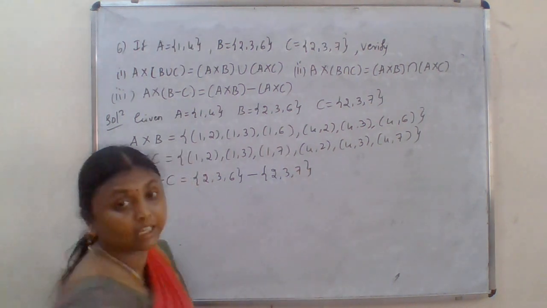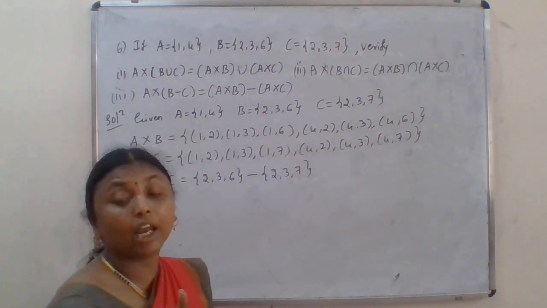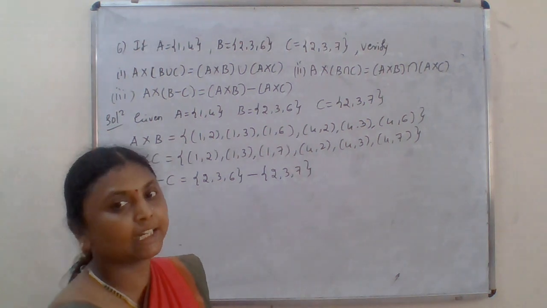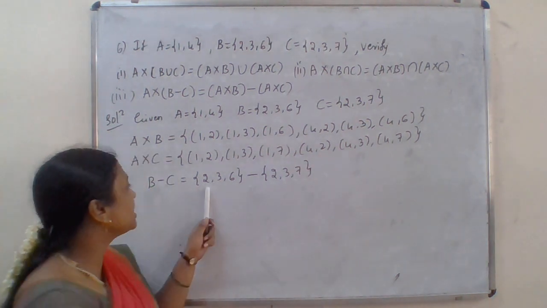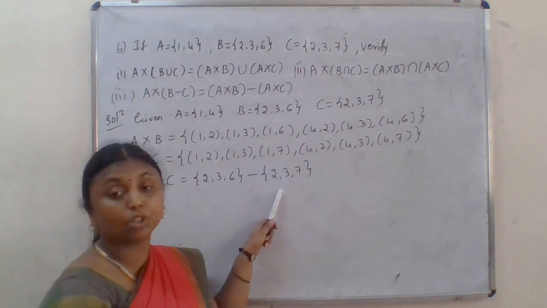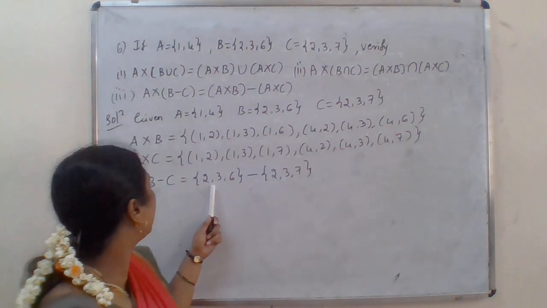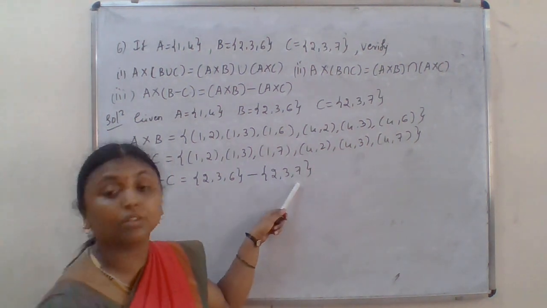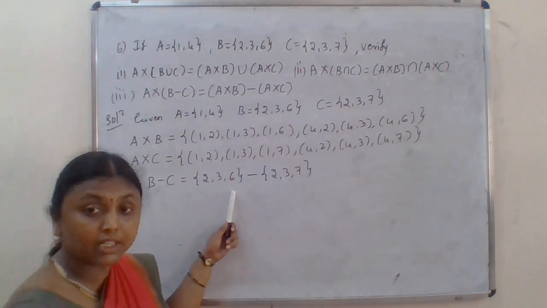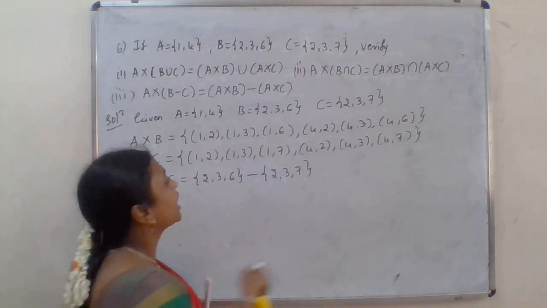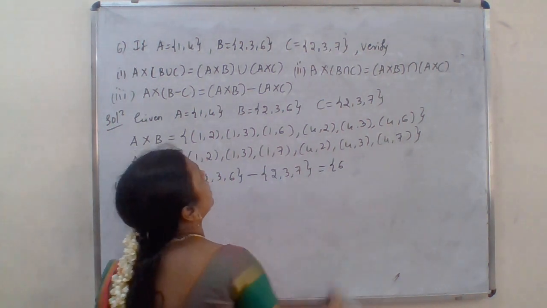So B minus C means what? You should write elements of B which are not present in C. So 2 belongs to set B, 2 also belongs to set C. 3 belongs to set B, 3 also belongs to set C. 6 belongs to set B which is not in C. So you can write element 6.